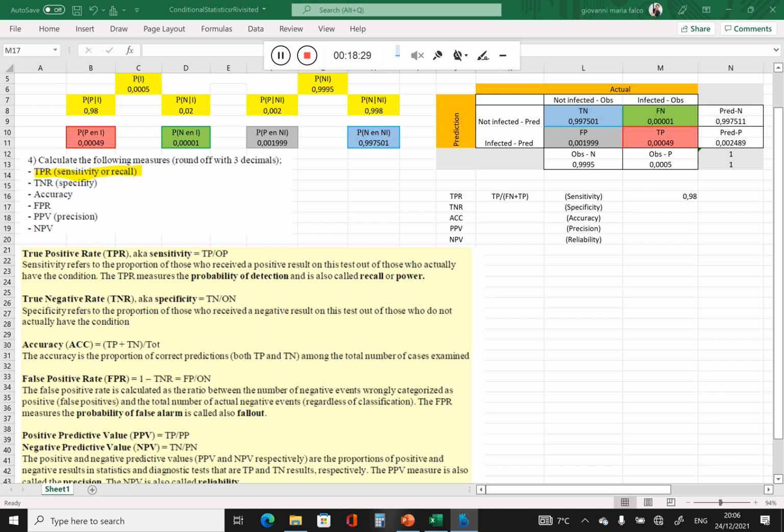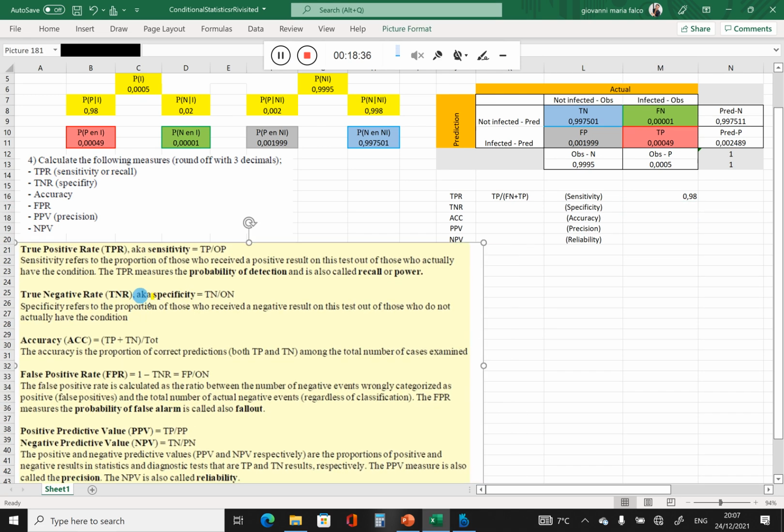Okay, then the second quantity is the specificity, or also called the true negative rate. For the true negative rate, according to the definition, I have to take the ratio between the true negatives divided by, and then you see I sum here also along this column where I have the observed not infected. So the true negative plus the false positives.